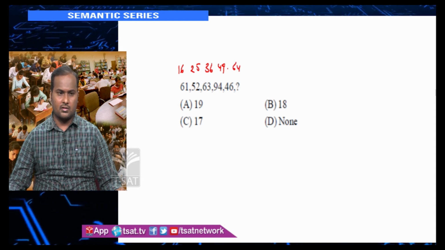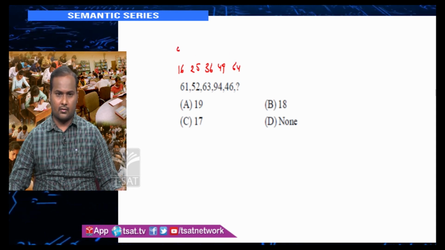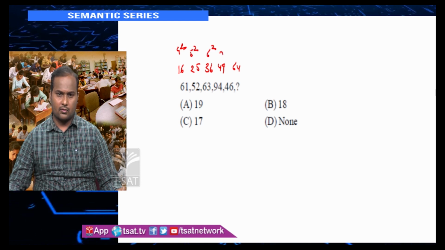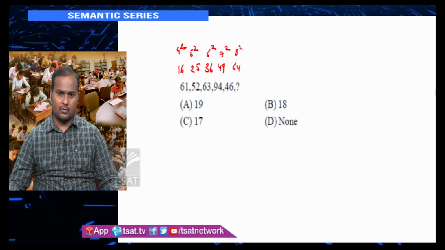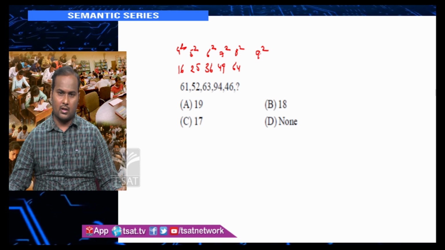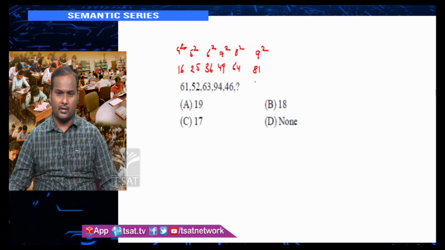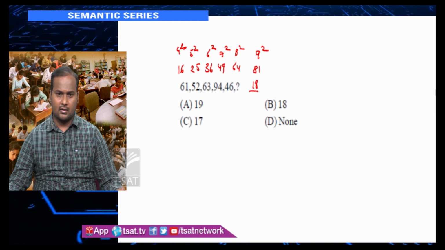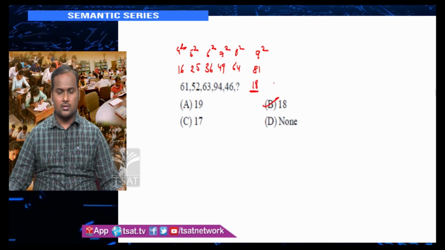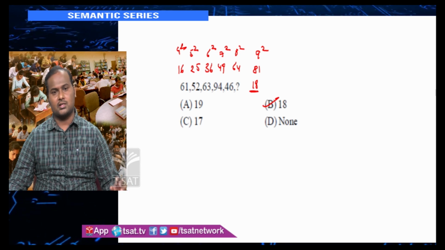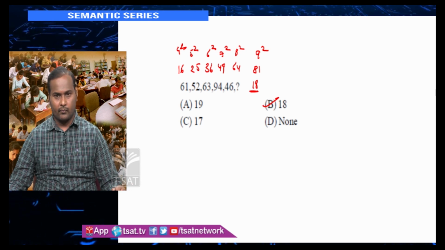The moment you see this, all these are squares, like 4 square, 5 square, 6 square, 7 square, 8 square. The answer will be 9 square. 9 square is 81. You reverse this 81, you will get the answer as 18. So this kind of question you will recognize by practice. If you practice more, you will recognize this kind of series very easily.